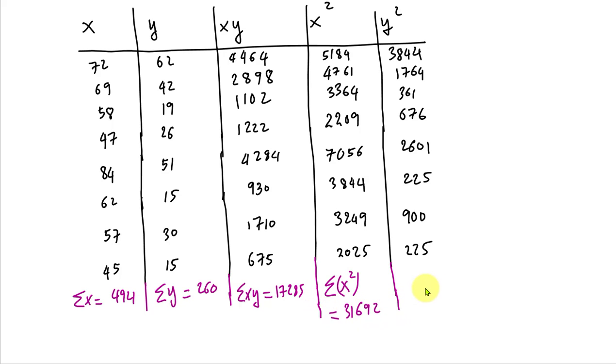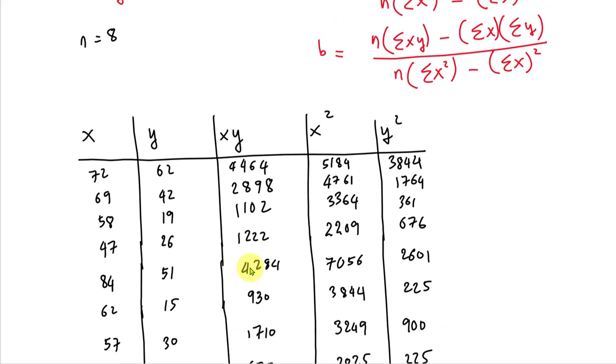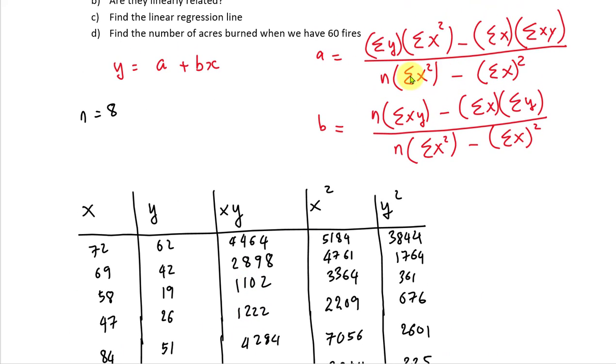And then lastly, we have the sum of all the y squared. So we have the y squared column. We add them all together, and we get 10,596. All right, so now we have everything ready that we can plug into the formula to find the answer for a and b.